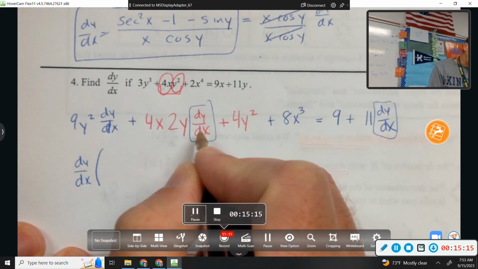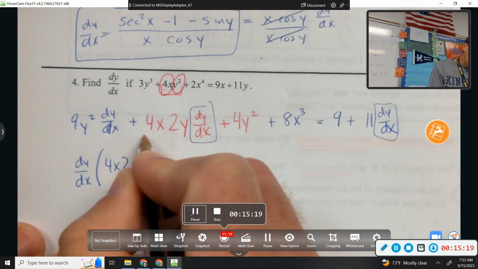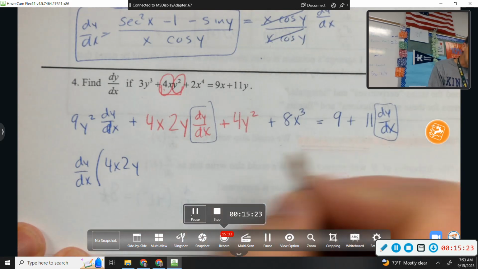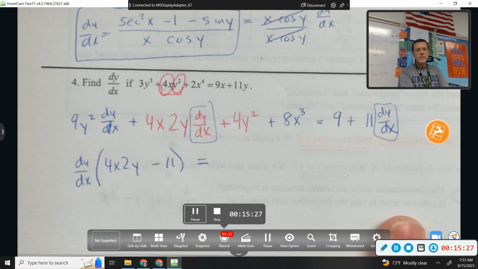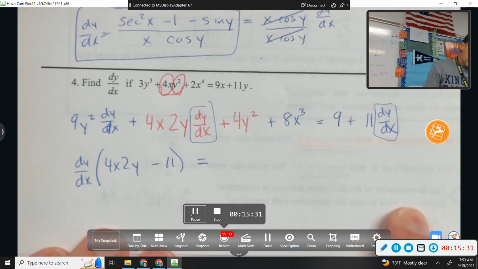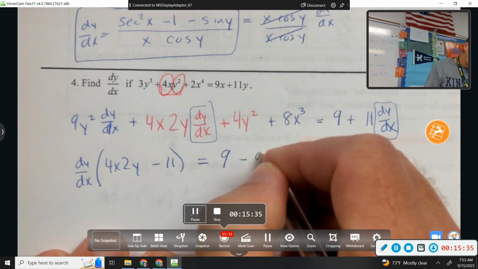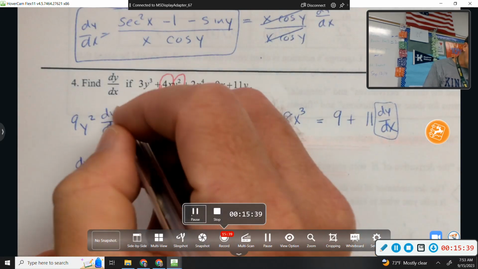On the left hand side I'll have dy/dx times 4x times 2, which I should just make 8xy, but whatever, minus 11. So I moved it over and factored it out. And then all the other terms are going to the other side, so 9 minus 9, uh-oh, I forgot something, didn't I?